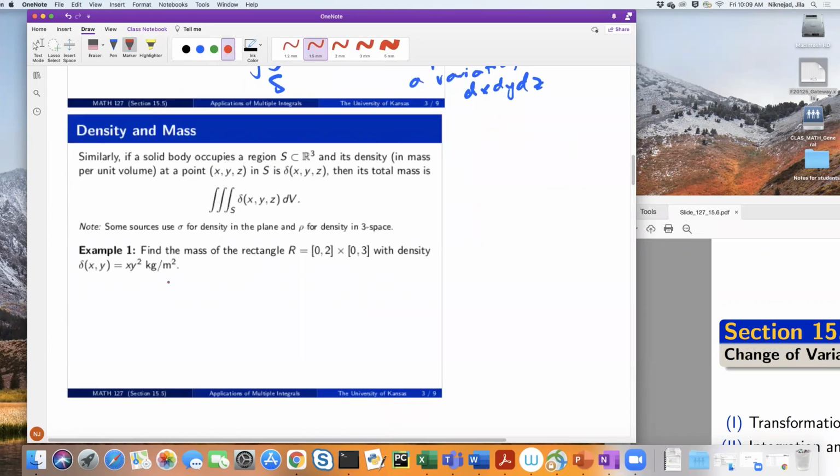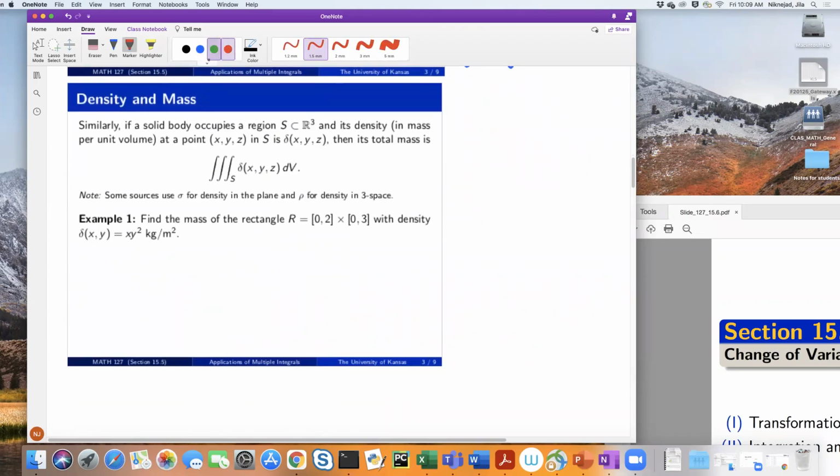Let's do one quick question on that. Find the mass of the rectangle when the density is this. So what is it? It's just the double integral of the mass density, dA. dA can be dx dy because it's a rectangular shape. It can be either way.